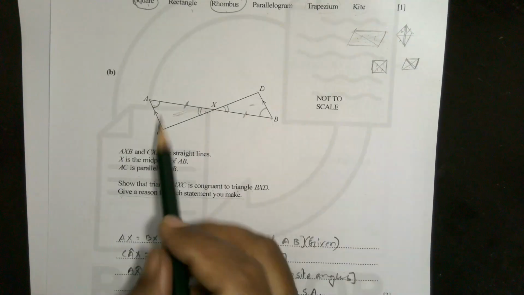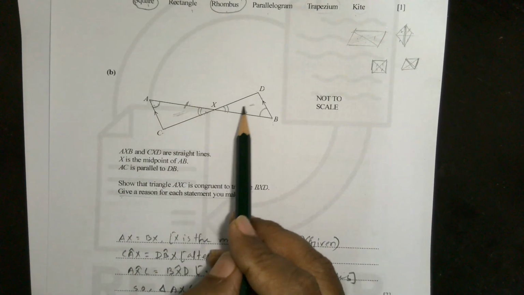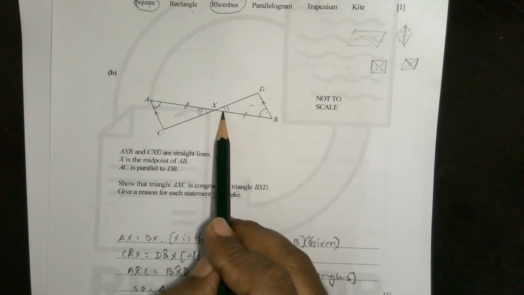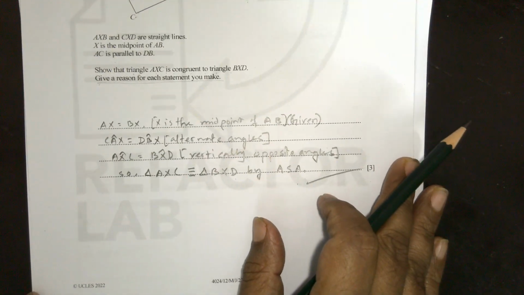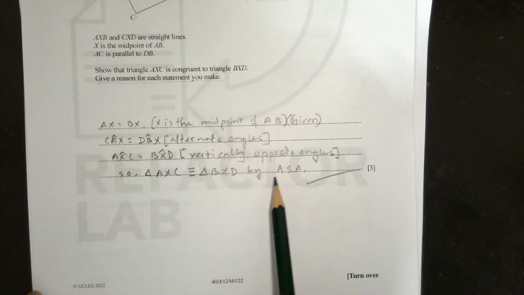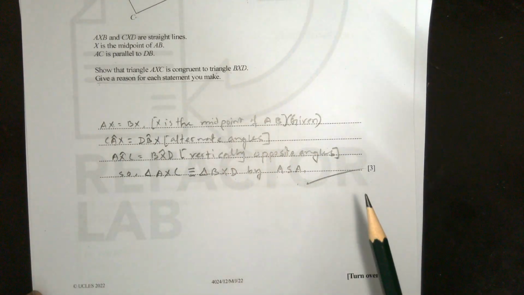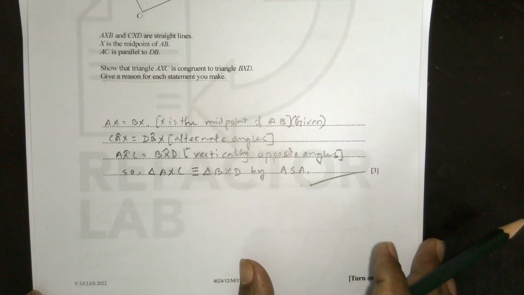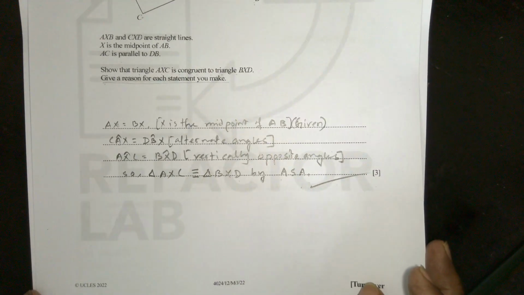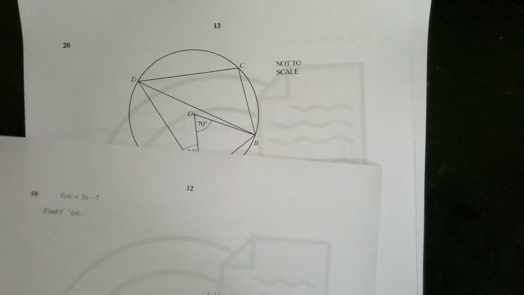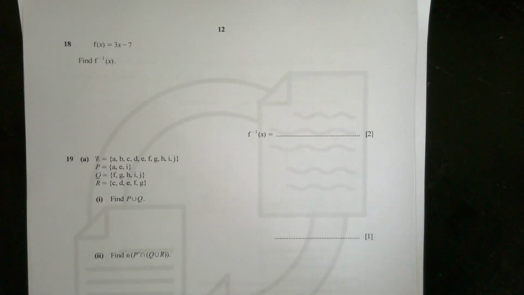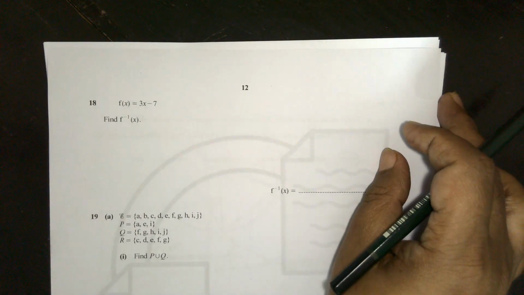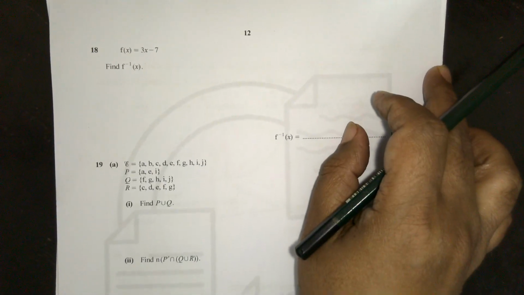I showed angle side angle equals angle side angle. So ASA. Okay, we can go to the next page. We are closing towards the finish line, but haven't finished yet.